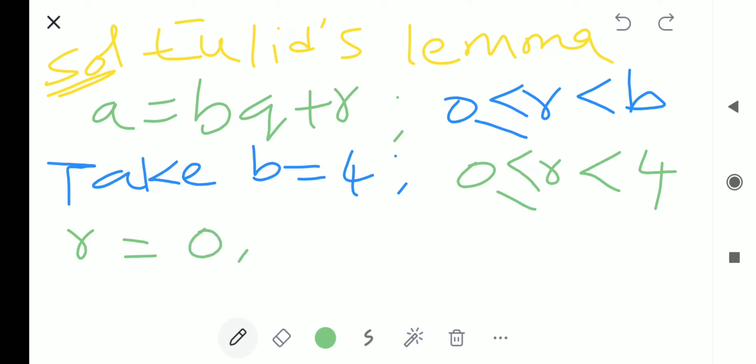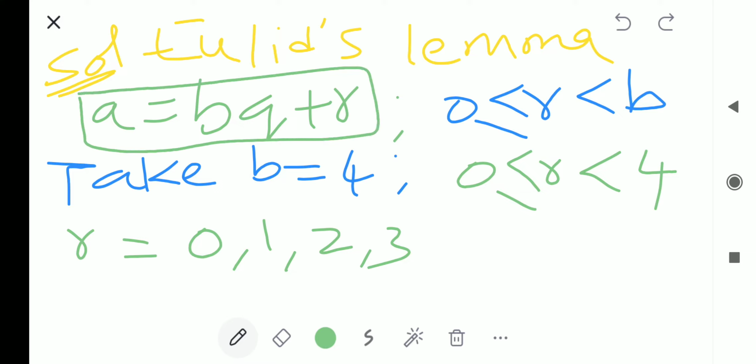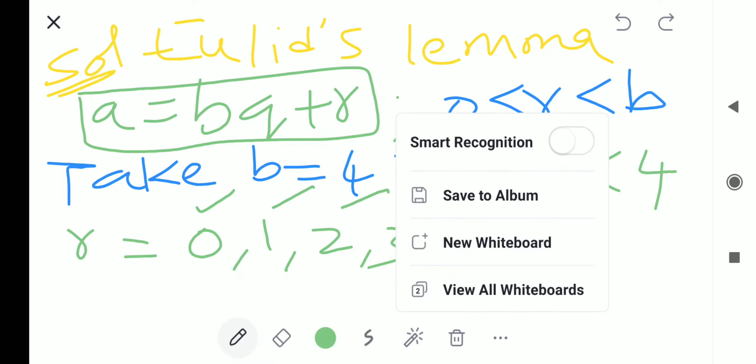That means 0, 1, 2, 3. So in this formula A is equal to BQ plus R, we have to replace with the different values such as 0, 1, 2, 3. So let me go for the cases.